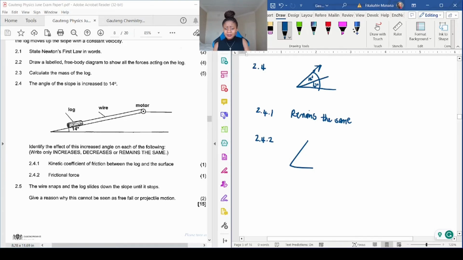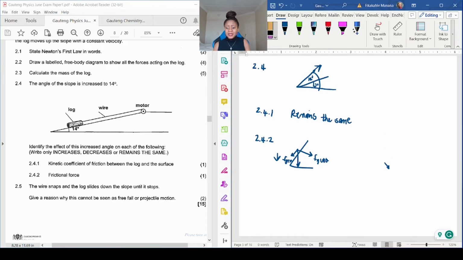If we have our force of gravity there, and this is our Fg cos theta, and that's our Fg sine theta, the steeper this becomes, if it's like this you'll have this, that, and that. But now when it becomes steeper, this becomes less, okay? So your Fg sine theta decreases.